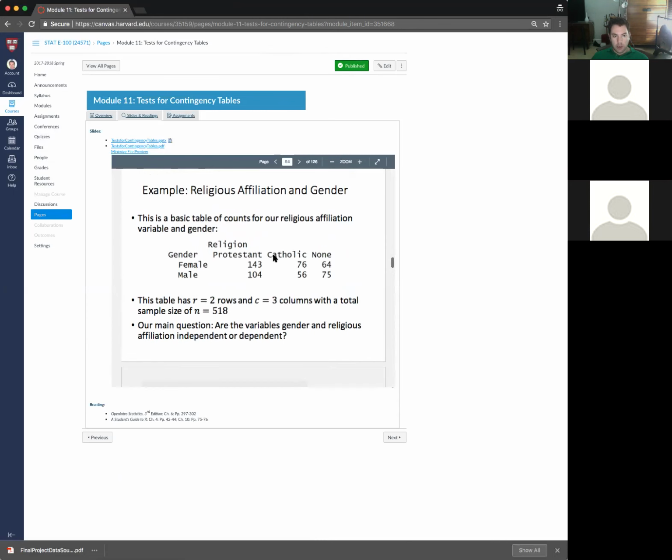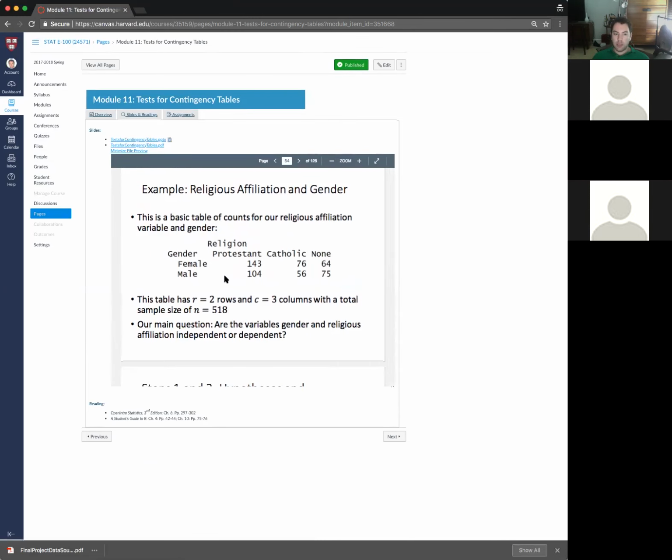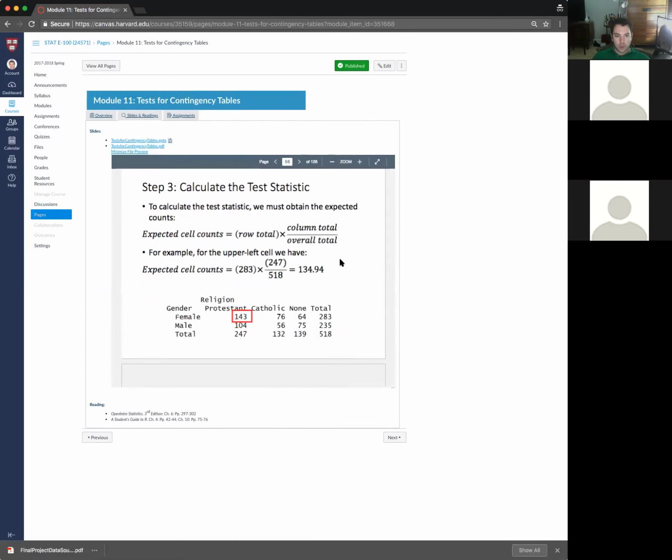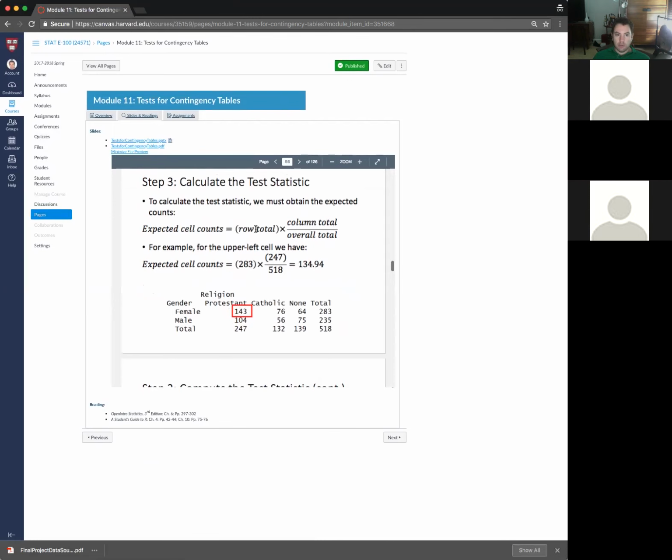Okay. So let's take a look here. So this was our table of observations. In order to calculate what the expected was, remember, we have that formula. So we take the row total. A good first step, when you have this data and they don't give you the row totals and the column totals, is to sum all those up and put those in the margins, so it's easier to calculate.